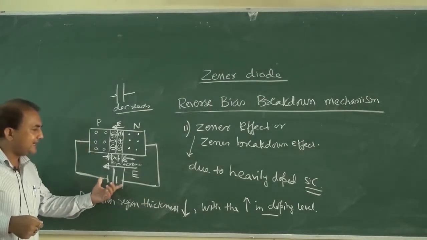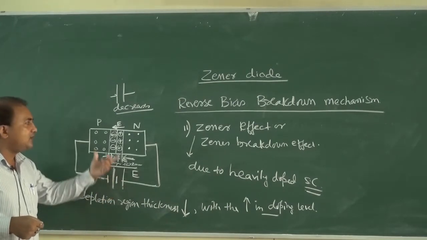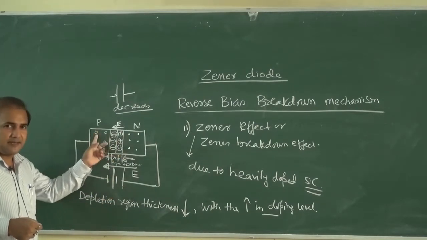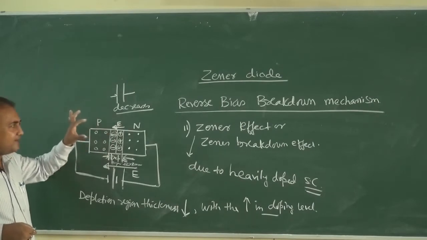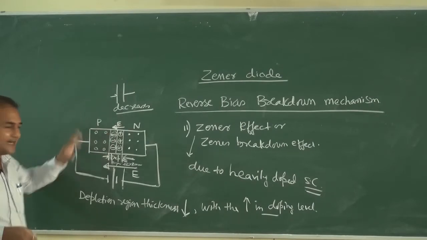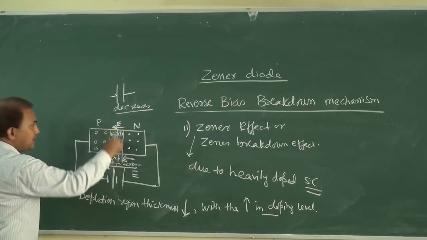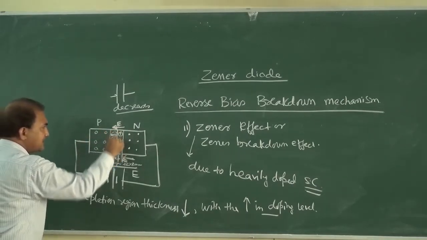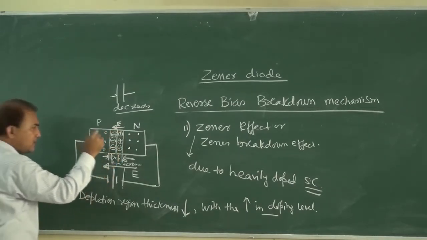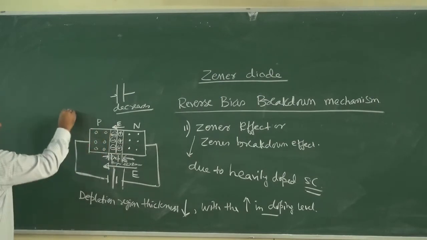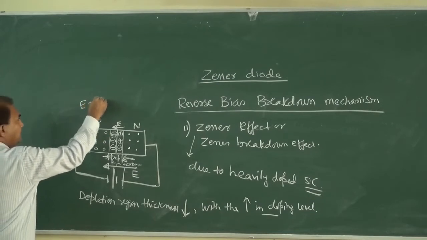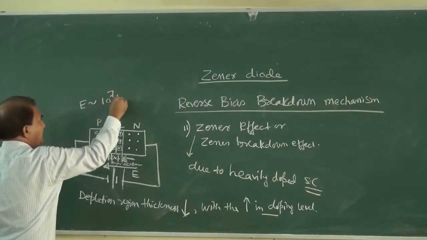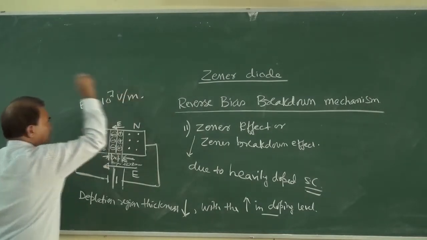Means when we connect the external battery to this type of semiconductor, a very high electric field is created across this junction. It is in the range of 10 to the power 7 volt per meter.